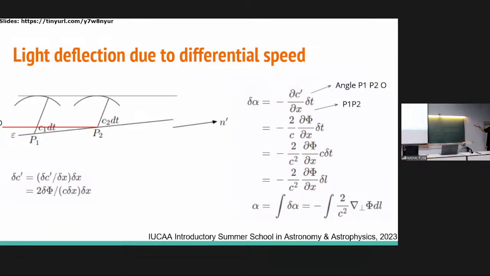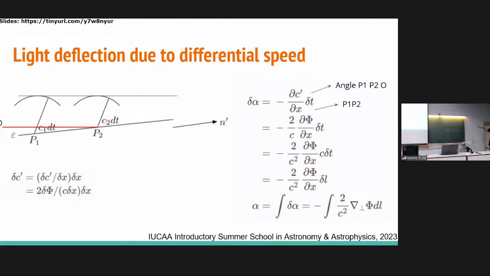So that's what we have used. Now you can substitute for del c prime by del x from here, and you get minus 2 by c squared, del phi by del x times c delta t. I multiply by c and divide by c, so you get c delta t over c squared. This c delta t, I can call the path length by which the ray has propagated.